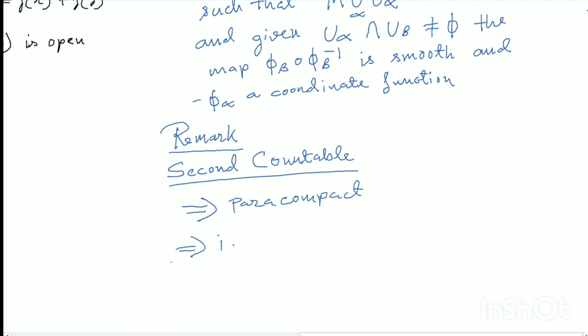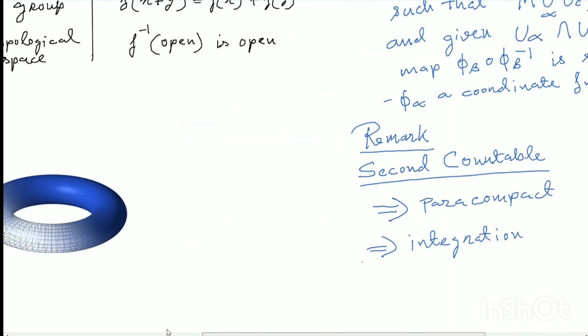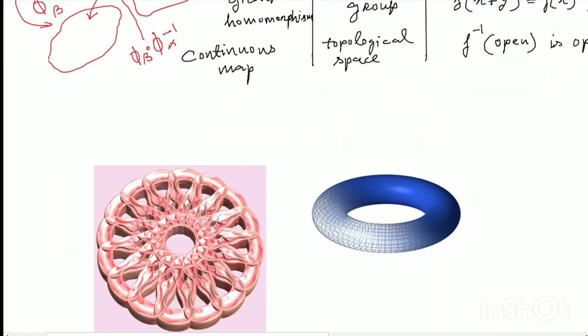Second countable means paracompact, and integration will be well defined. We want F to be smooth no matter which kind of local coordinates we choose. So we say it is smooth if psi beta after F after psi alpha inverse is smooth for all alpha and beta.